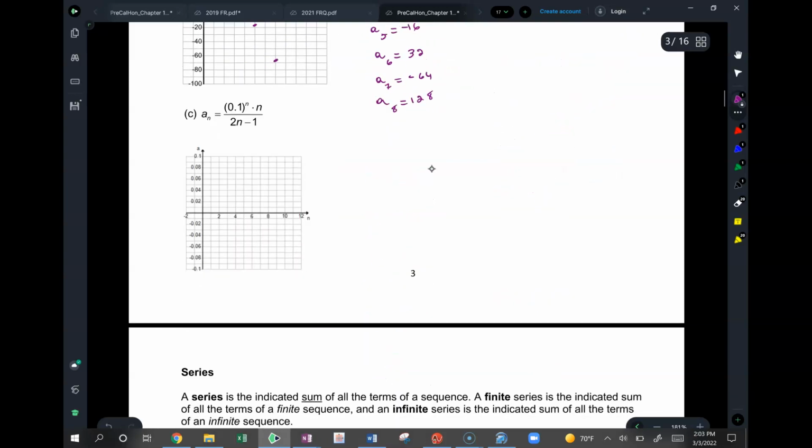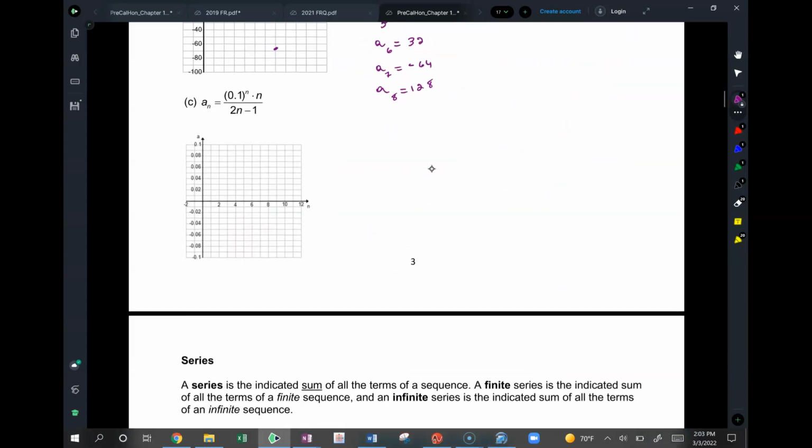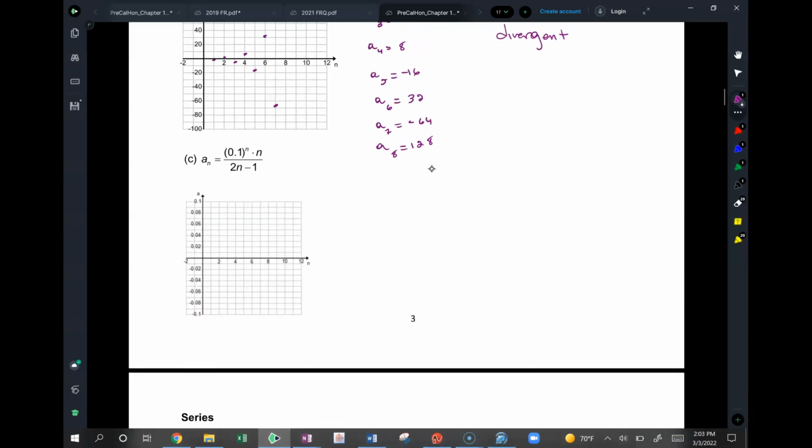Okay, next one. Do you think the next one is going to alternate signs? No, because it's not negative in the expression. Good. Okay, so a sub 1 is 0.1 times 1 over 1, so that's 0.1.